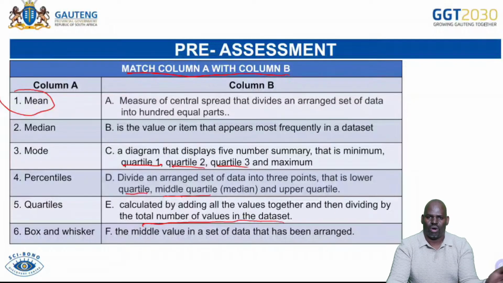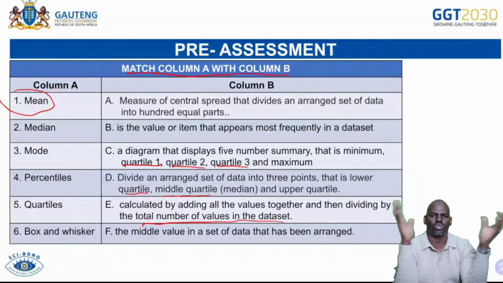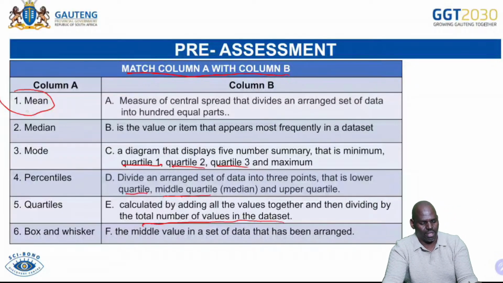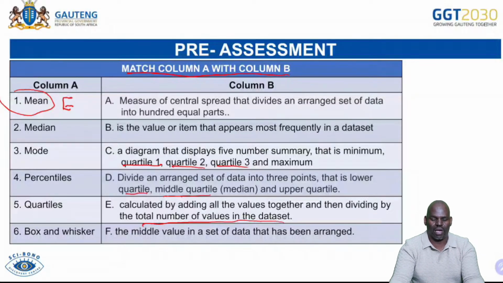Okay, so you can see that the mean is where we take all the values, add them together and divide by the number they are. So it means A will match with the explanation of capital letter E under column B.